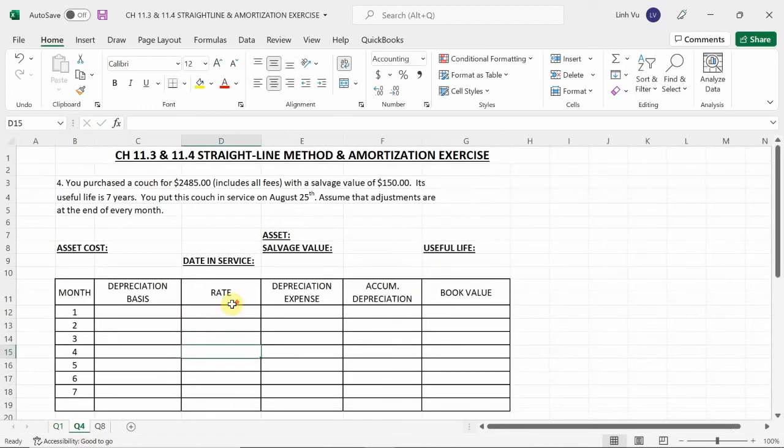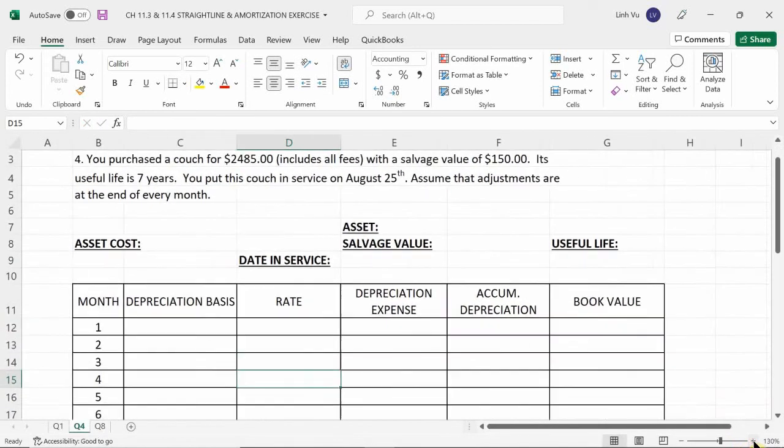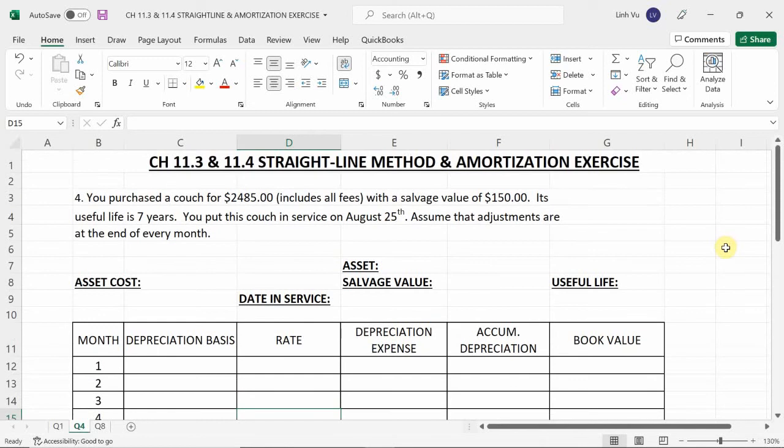So question number 4. We have here that you purchased a couch for $2,485, which includes all the fees, with a salvage value of $150.